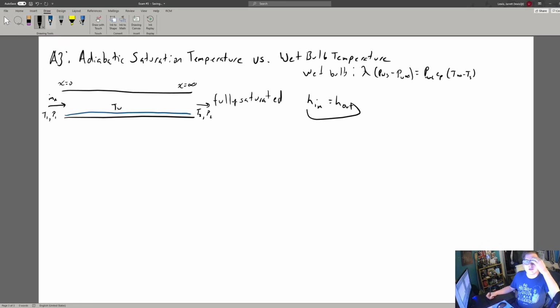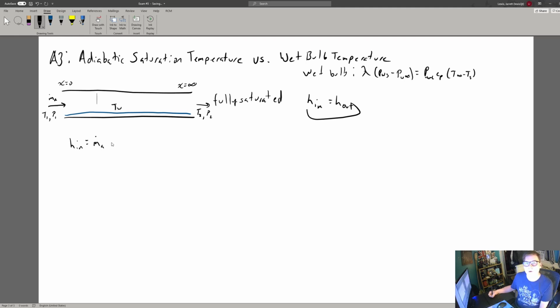Okay, so first we need to start with the enthalpy that's entering the system. It's obviously going to be some quantity times the mass flow rate of air. So we'll just start with the mass flow rate of air.